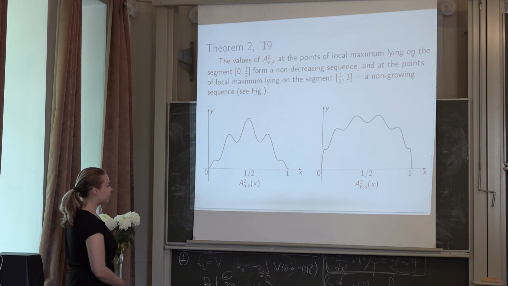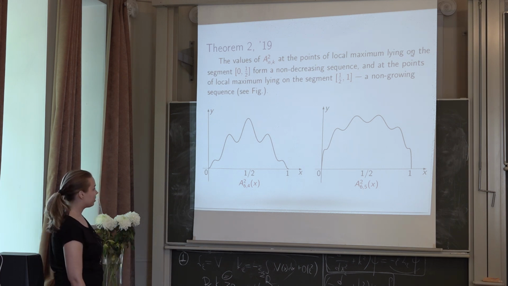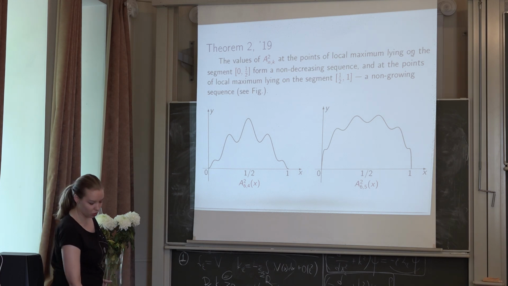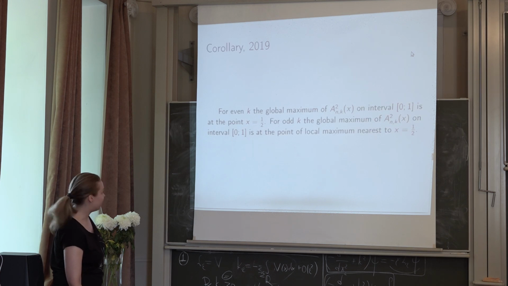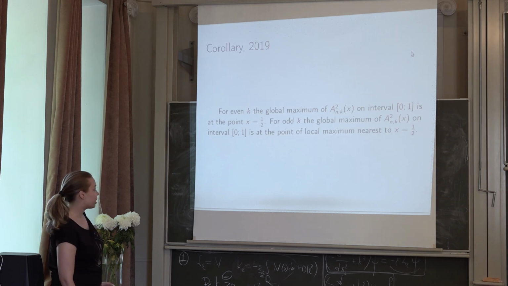And in odd k, the same way, but 1/2 is not a local maximum. So we obtain a very important corollary about a_nk. For even k, the global maximum of a_nk squared on the interval 0, 1 is at 1/2. And for odd k, the global maximum point is the local maximum nearest to 1/2.